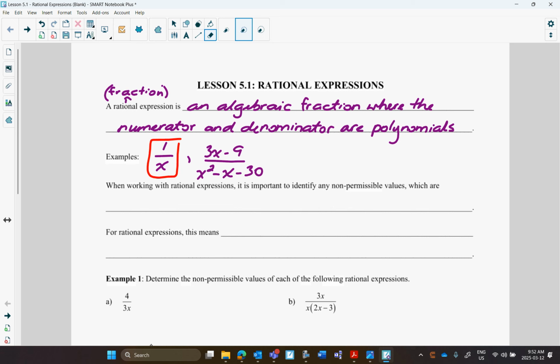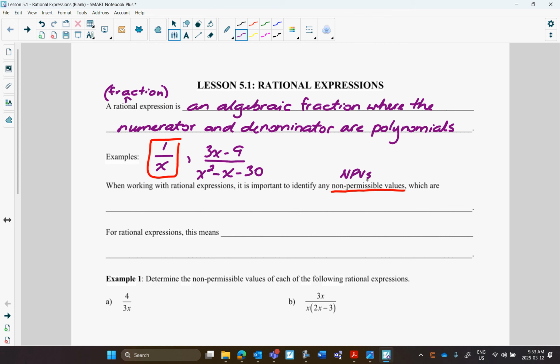If the denominator becomes 0, that means it's undefined. So those values of x that would make a denominator 0, we call those non-permissible values. They're not allowed, they're not permitted. Or, just to save a little bit of time, I always call them NPVs, instead of writing that word out.